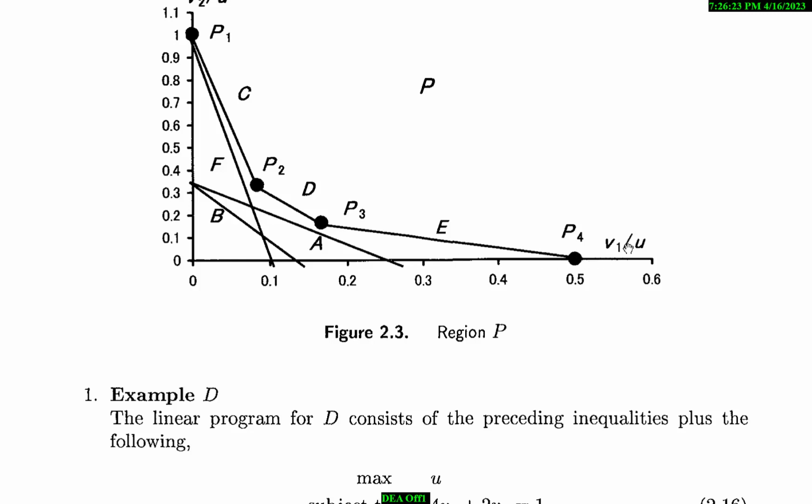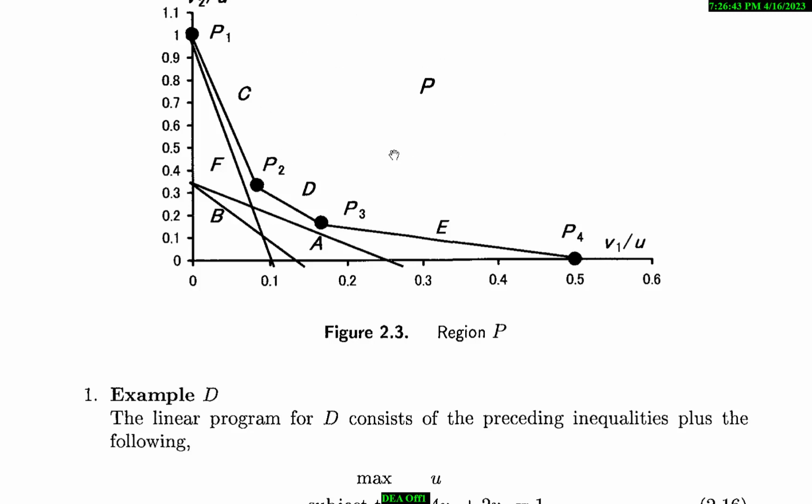In addition, these variables are positive, so the constraints show this feasible region that is shown here.